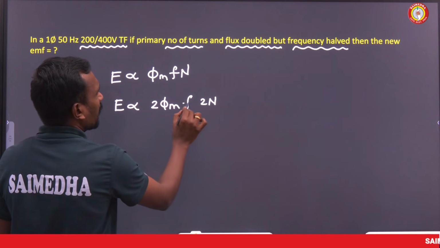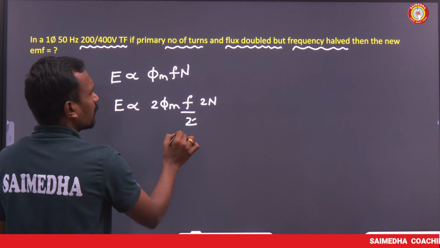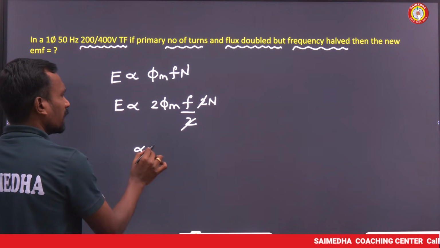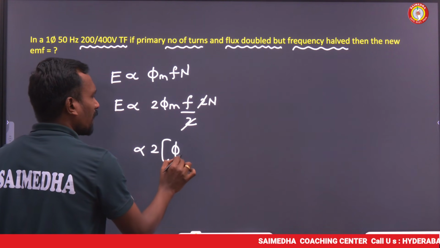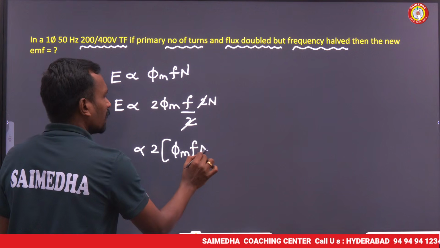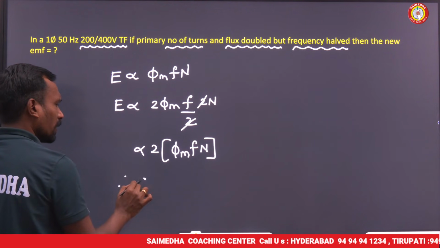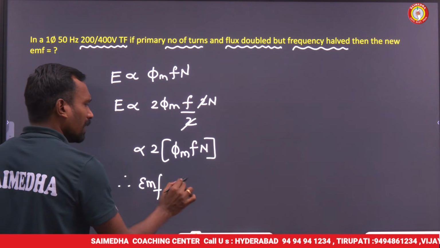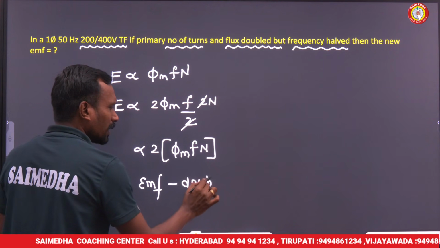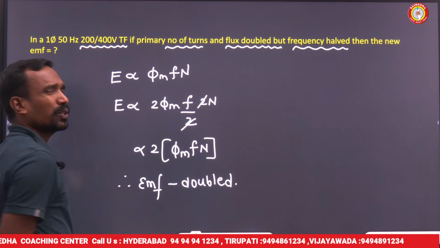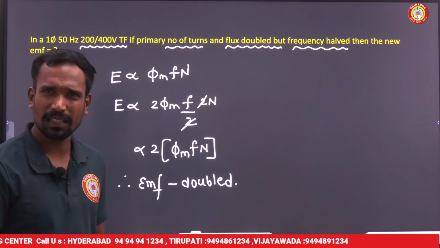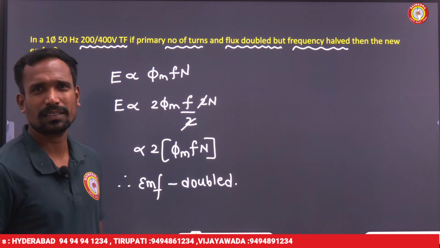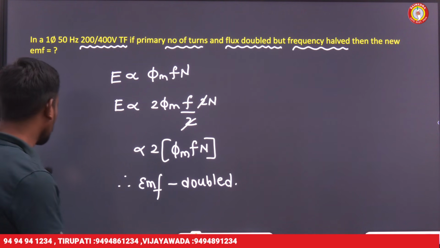In the question, the flux and number of turns are doubled, but the frequency is halved, so that is 2 times phi m into f into N, therefore the EMF is doubled. The EMF increases by 2 times. Very simple question, sir. Let's go for the next question.